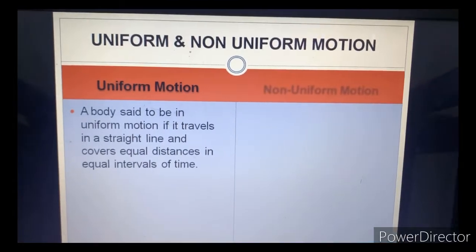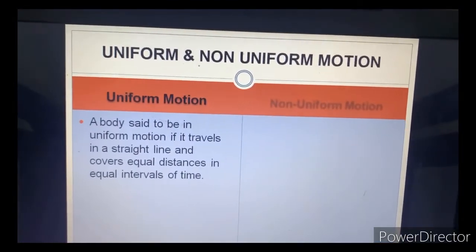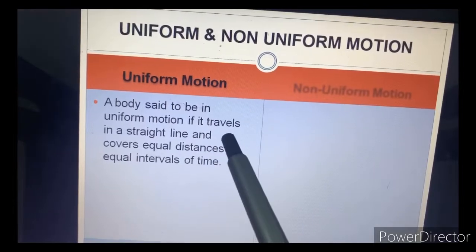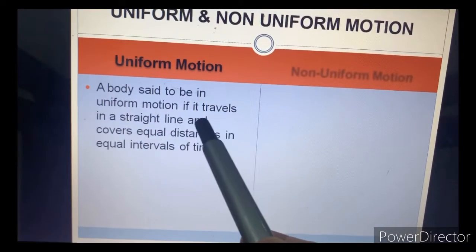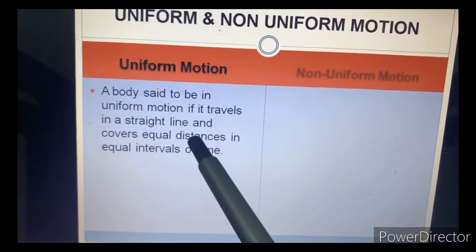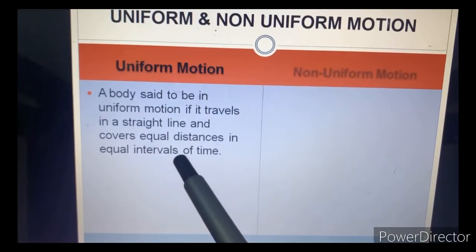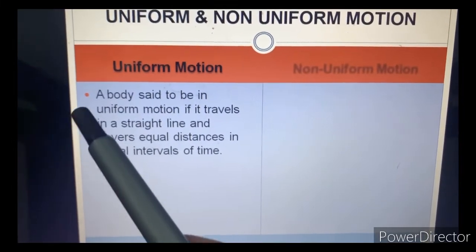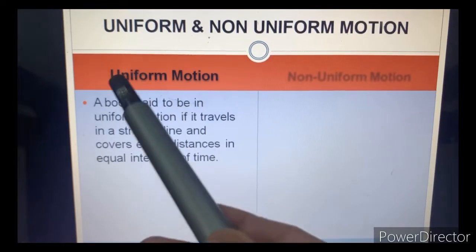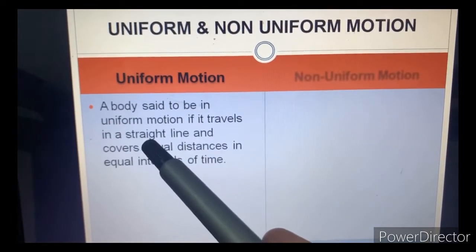A body is said to be in uniform motion if it travels in a straight line and covers equal distances in equal intervals of time. Now what does this definition mean?